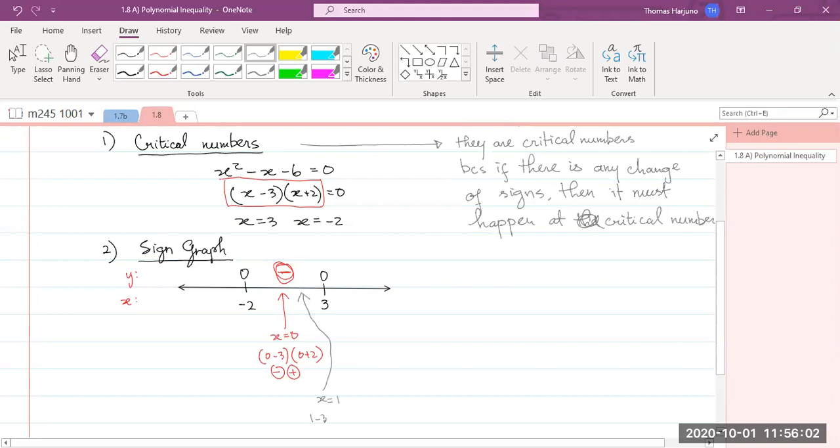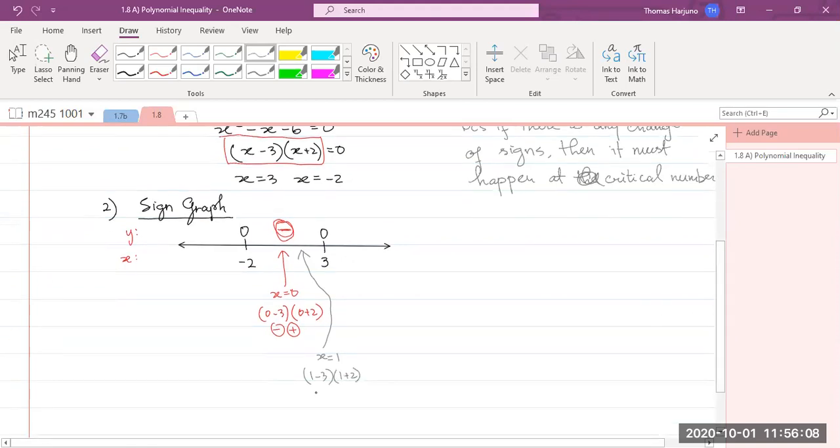Now 1 minus 3 times 1 plus 2, right? 1 minus 3 is negative, 1 plus 2 is positive. You see, the product is still negative. Why? Because between 0 and 1, there are no critical numbers. So you do not expect a change of sign in between those. You see what I mean?